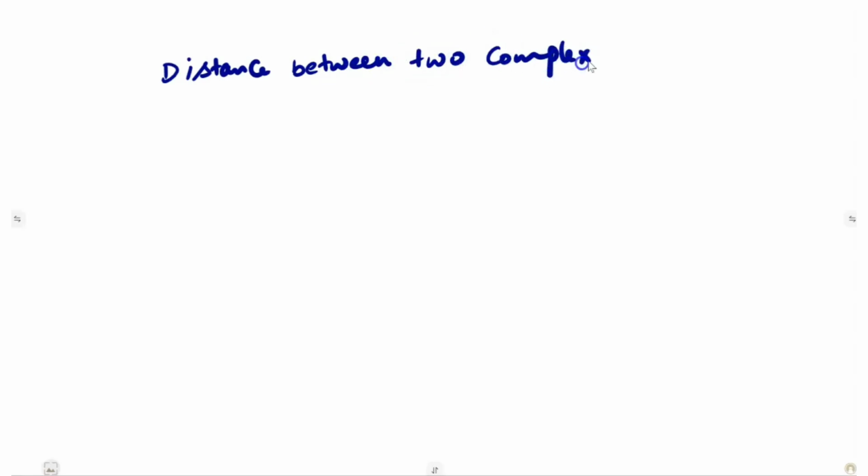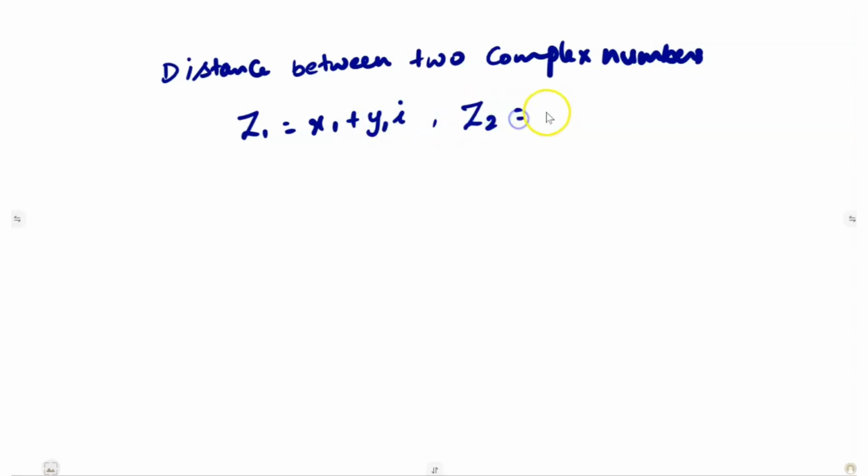Whenever you want to find the distance between 2 points, distance between two complex numbers, let the numbers be z1, which in general you can take as x1 plus y1i, and let us take z2 as x2 plus y2i.